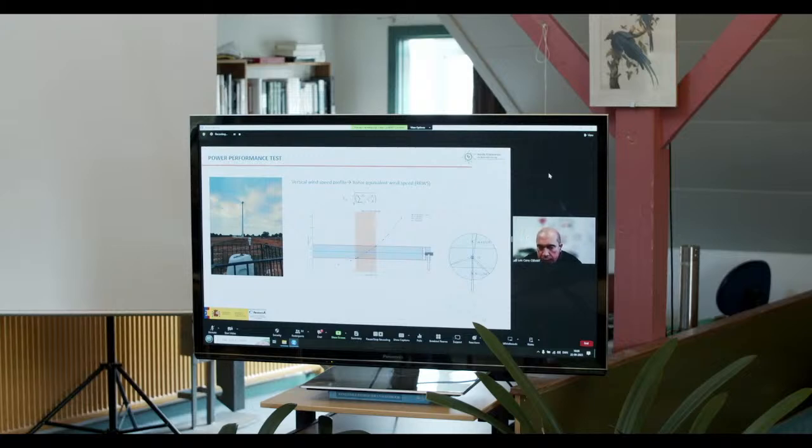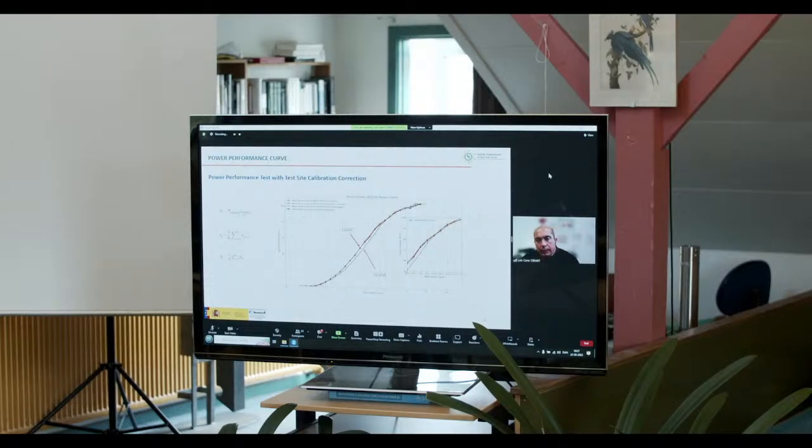Because in this case, more or less the half height is the average, but depending on the terrain, using an average wind speed is not exactly realistic.